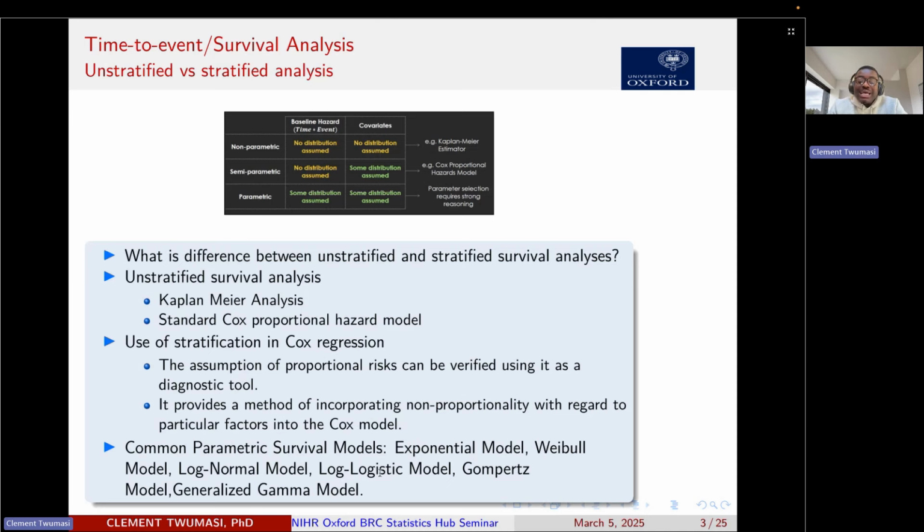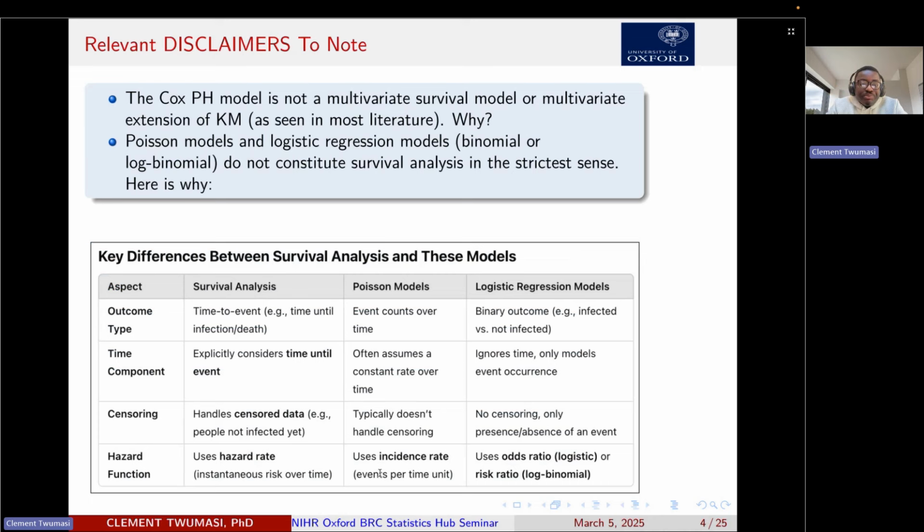These models are used when you make some strong parametric assumptions about your time to event outcome. There are other considerations for which those parametric models might be more ideal or better than the non-parametric or semi-parametric versions, and we'll talk about that briefly.